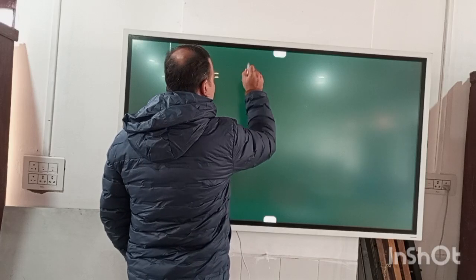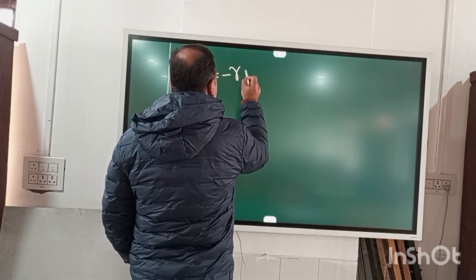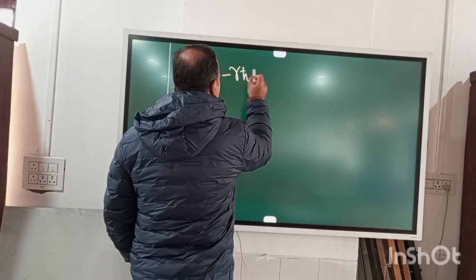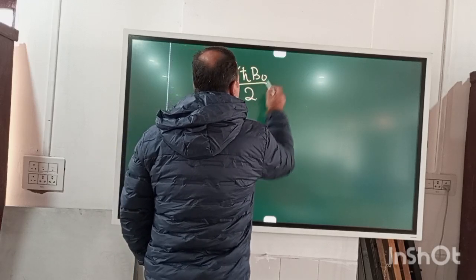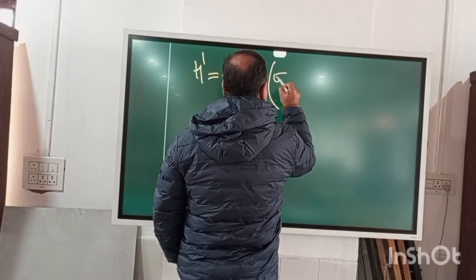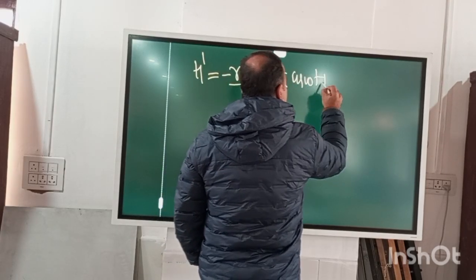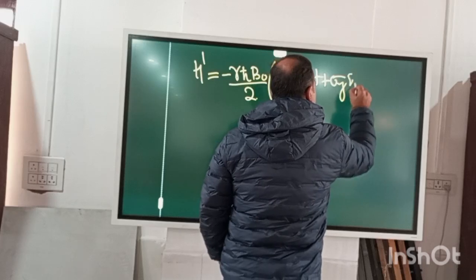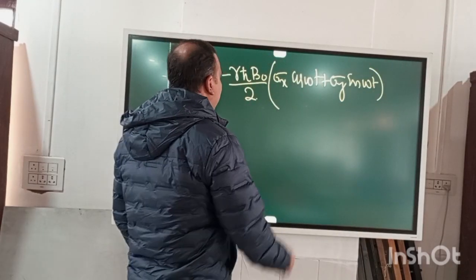For u dagger h u, I have already calculated what that is. That's minus gamma h bar b naught by 2 times sigma x cos omega t plus sigma y sin omega t.